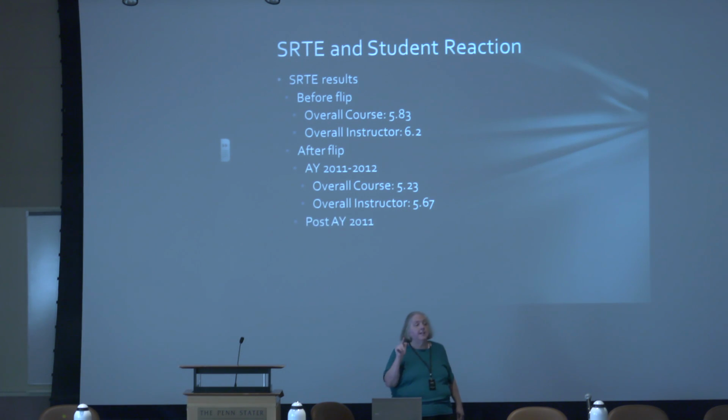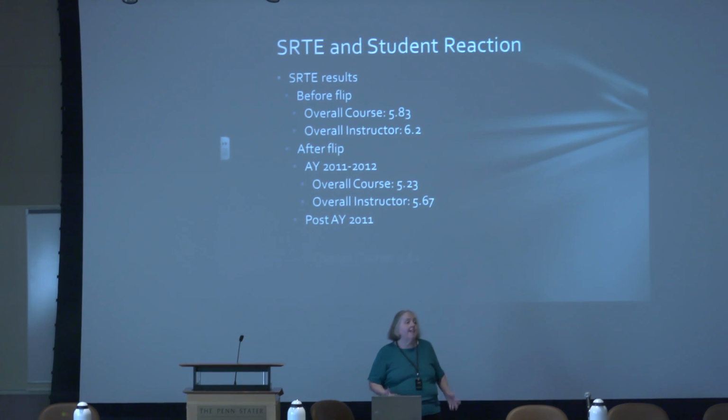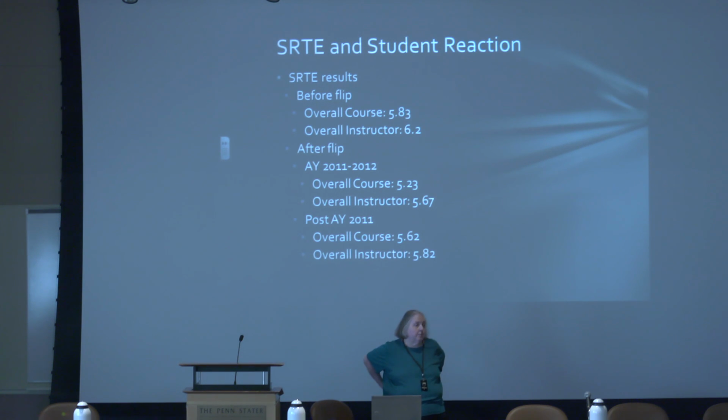But then post-2011, and I made some changes at that time, because I don't think I was super clear about what I was expecting, at least from student comments I wasn't. The overall course started to go up to 5.62, and the instructor to 5.82. So they're starting to rise.